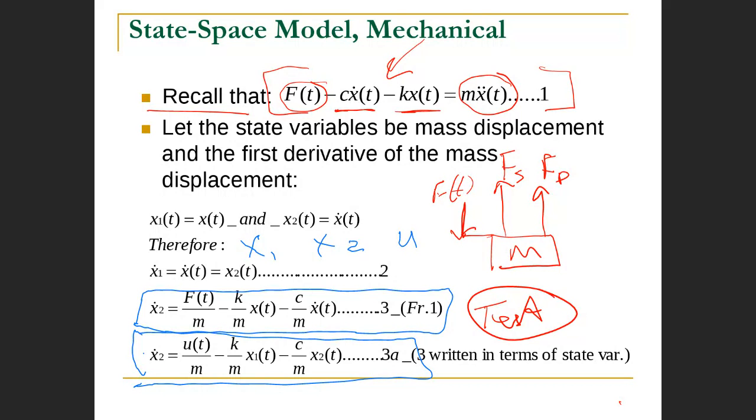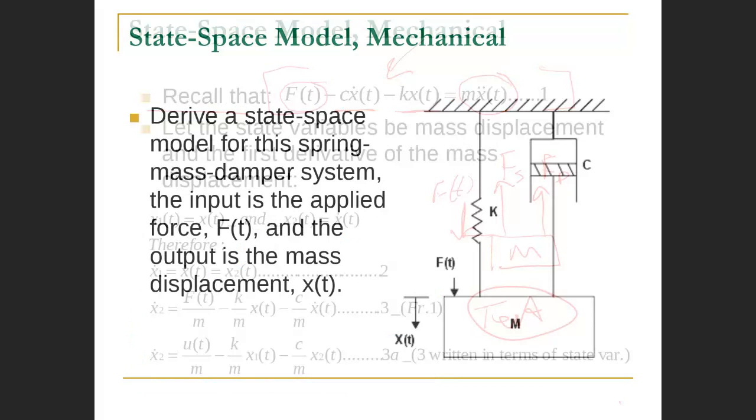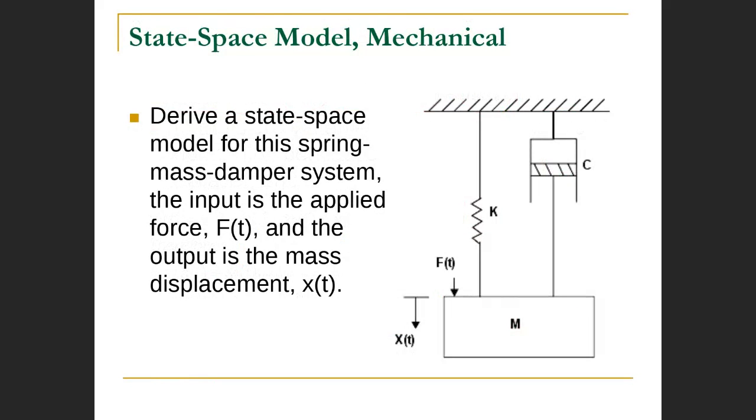What is the coefficient of x1? Minus k over m. Continue for me. x2 will be minus c over m. And the u of t? 1 over m.